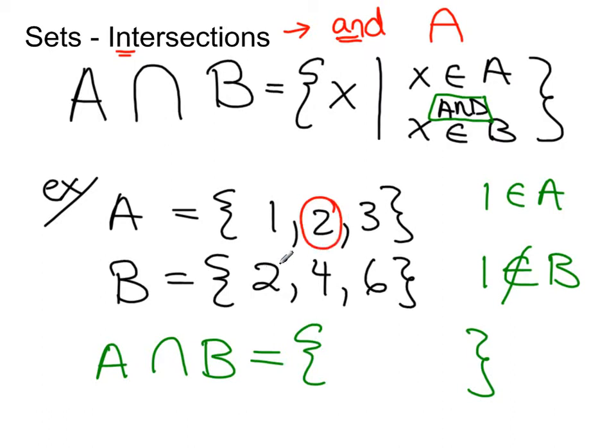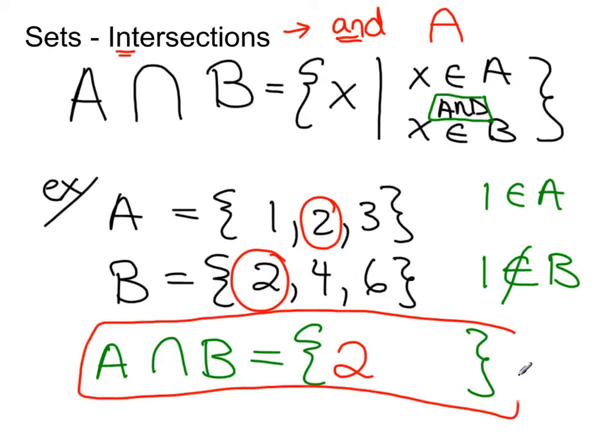We got a 2 there and a 2 there, so 2's in. We got a 3, but no 3 in B, so 3's not. We got 4 and 6 in B, but we already know they're not in A, so the only element between the two is 2.